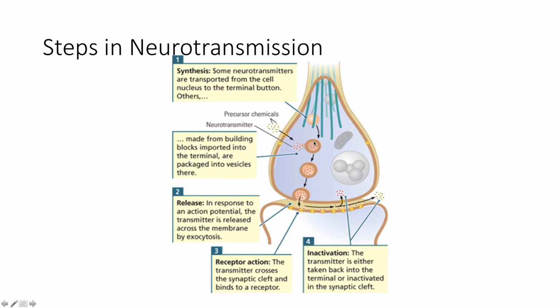This eventually will push the neurotransmitters out of the axon. The neurotransmitters will diffuse over, then they will bind to the receptors, they will deliver their message, and then they will either get taken up by the cell or broken down, or they diffuse out of the cleft. So they will get either reused or inactivated.